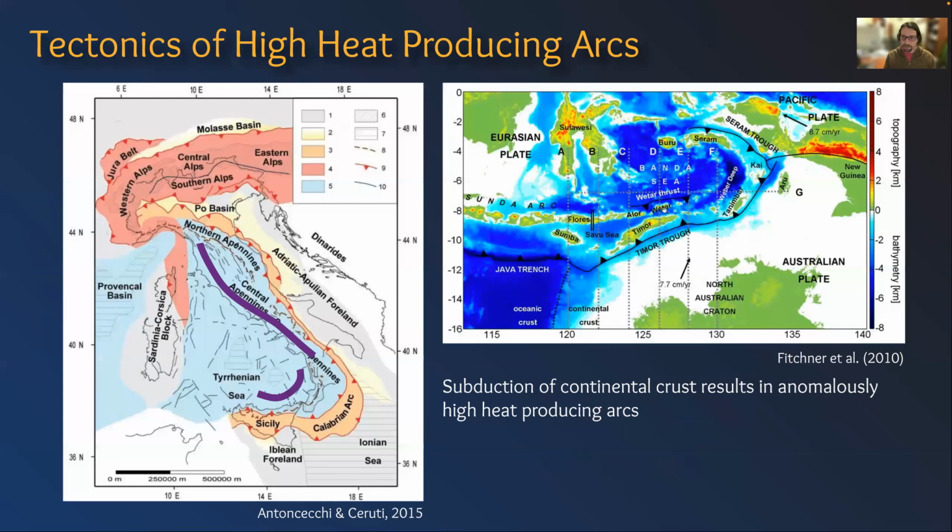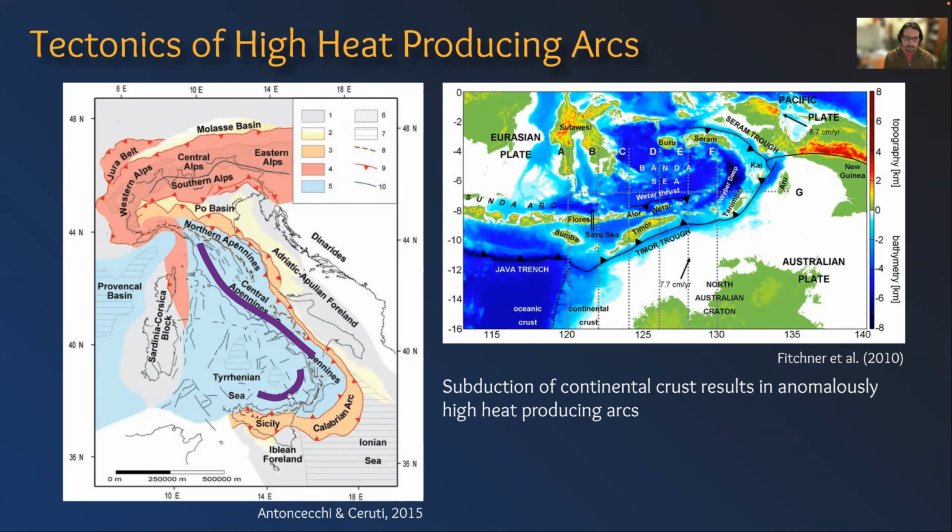These clear outliers include the Banda Trench, which would be this one right here, which is subducting the Australian continent. So it's actually incorporating continental lithosphere into it, and that may be why it has relatively high heat production. The other two regions that have high heat production are the Calabrian and the Aeolian arcs. The Calabrian arc is a mostly extinct arc that has recently subducted continental crust, which is what caused the subduction to stop.